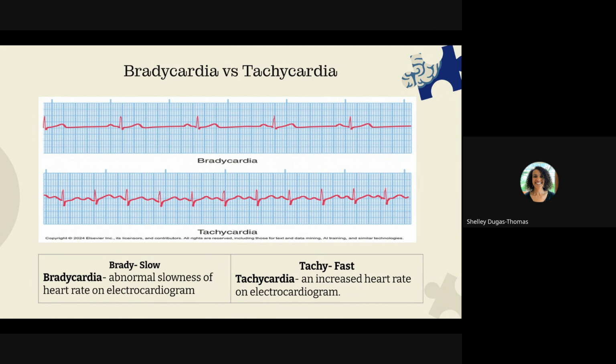Typically, this means that the heart rate is under 60 beats per minute. On the bottom strip, the waves are stacked tightly together. The heart is racing. We prefix it with tachy, and then it builds tachycardia, typically over 100 beats per minute.